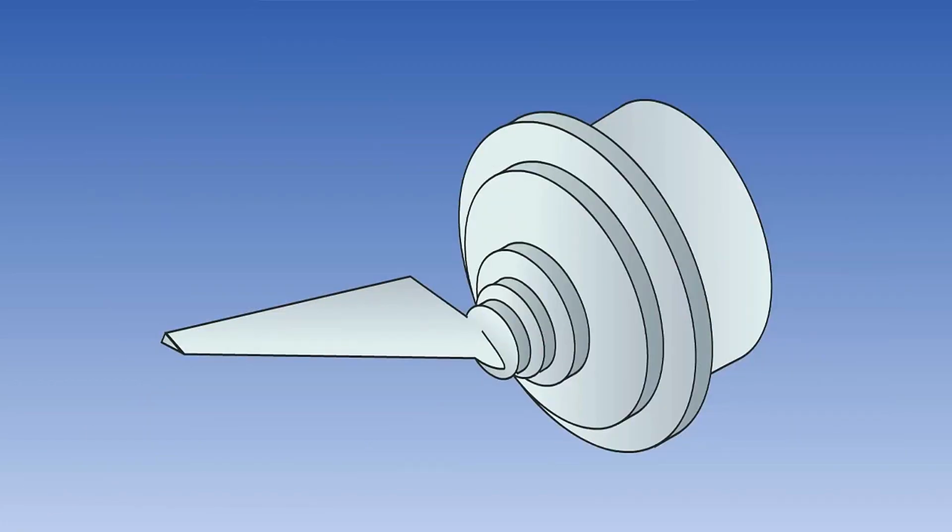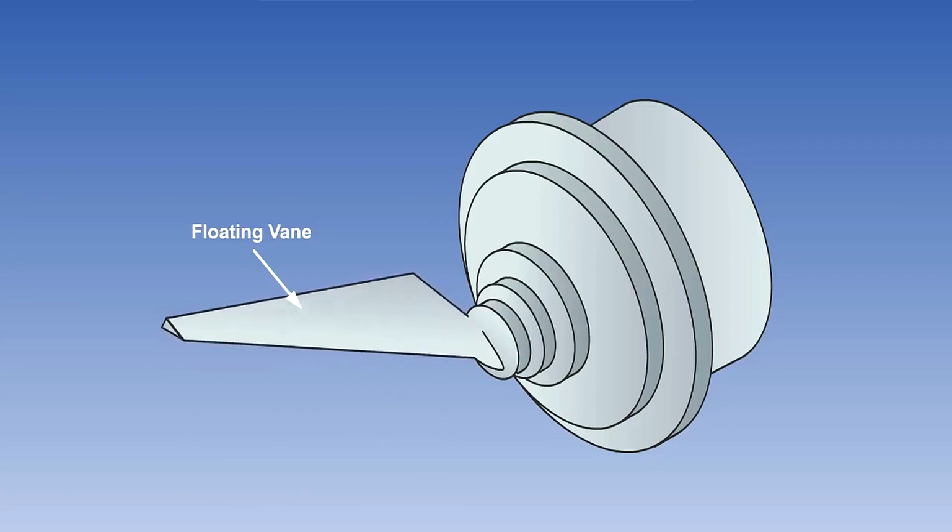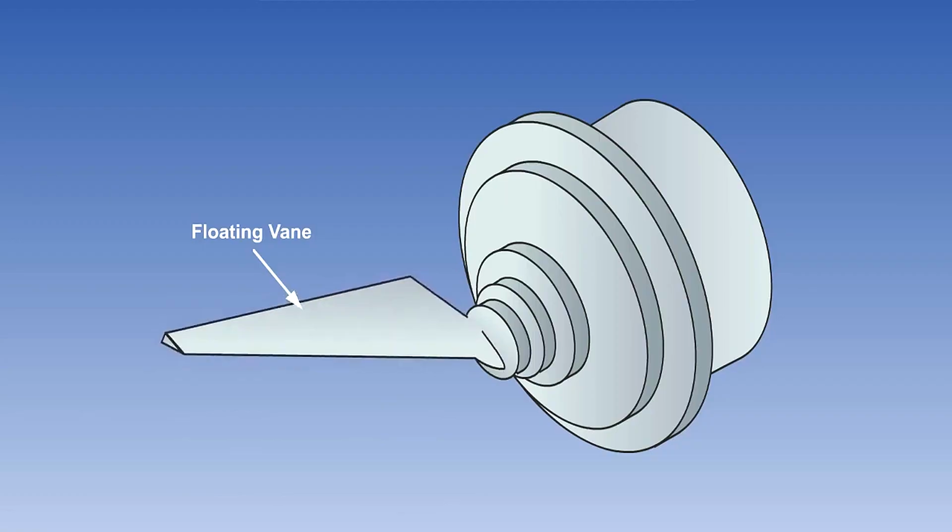The second type of angle of attack sensor we will look at is the vane or floating vane sensor. This is a common type and it is used on a large variety of aircraft. The floating vane sensor consists of an aerodynamic floating vane which pivots to position internal synchro transmitters.